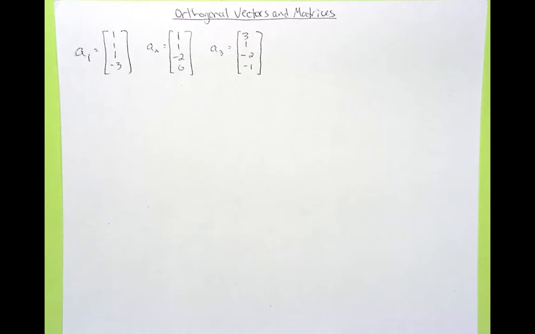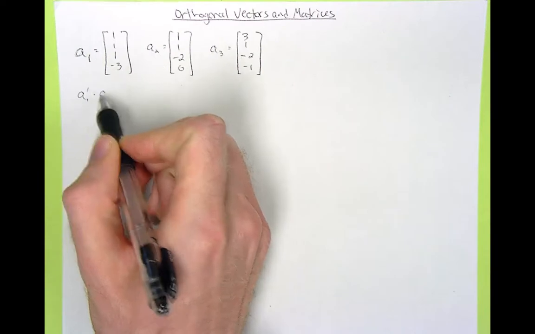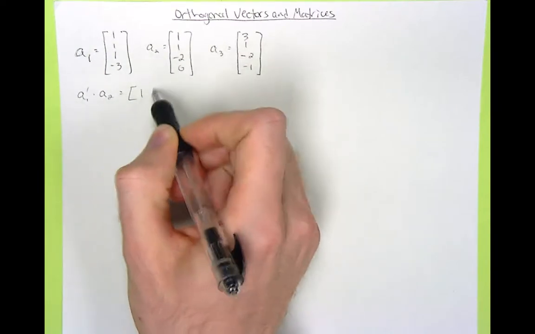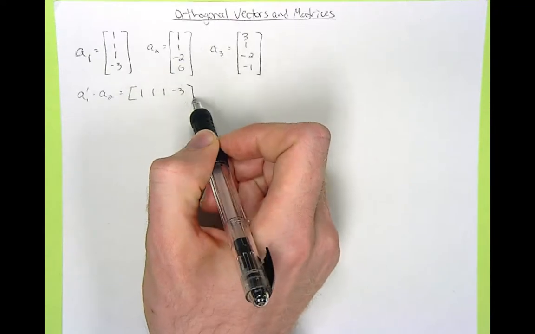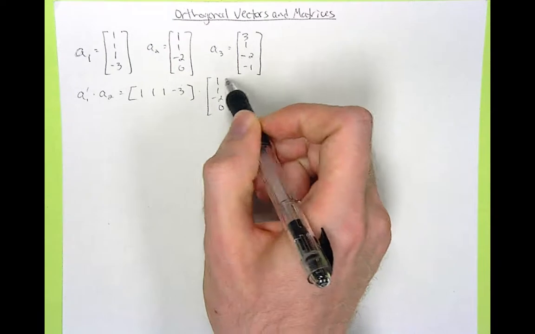The matrix algebra way of obtaining the sum of products between two vectors is to pre-multiply one by the transpose of the other, which will give us the dot product, which, if you recall, is just a scalar. So the dot product is just the sum of products. So we can take the transpose of a1 and multiply that by a2. And we'll get 1, 1, 1, negative 3 times 1, 1, negative 2, 0.